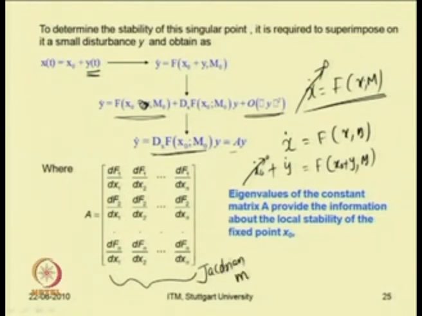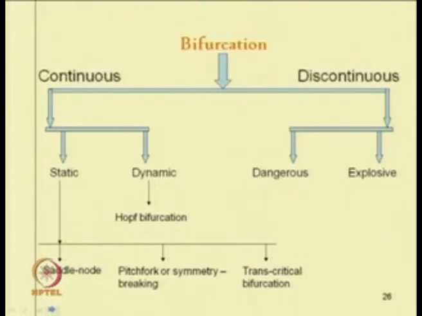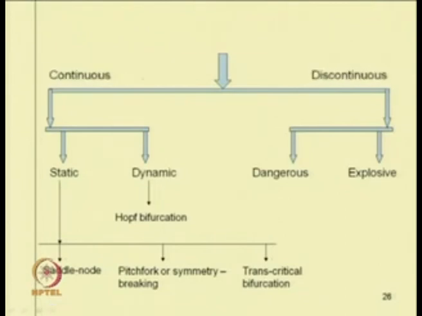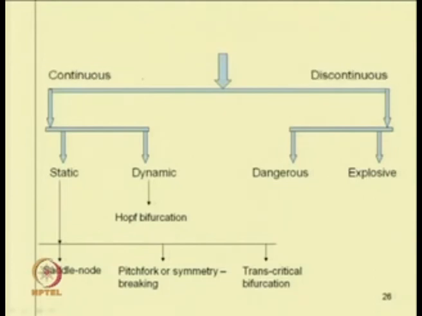By finding the eigenvalues of the Jacobian matrix, we can study the stability of the system. Here is a classification of the bifurcation of the system. In case of bifurcation, we can have either continuous bifurcation or discontinuous bifurcation. Continuous bifurcation can be static bifurcation or dynamic bifurcation. Discontinuous bifurcation can be dangerous bifurcation or explosive bifurcation.